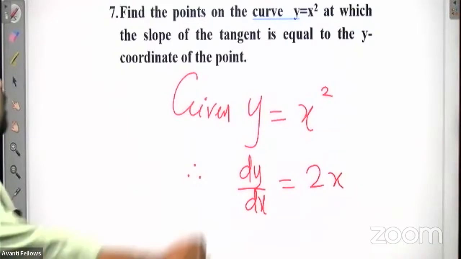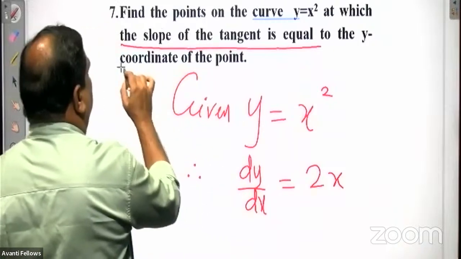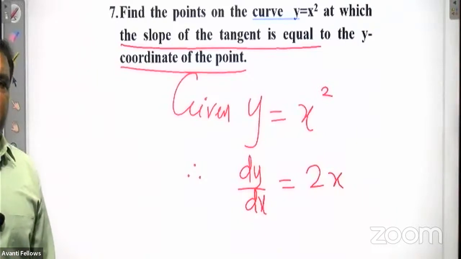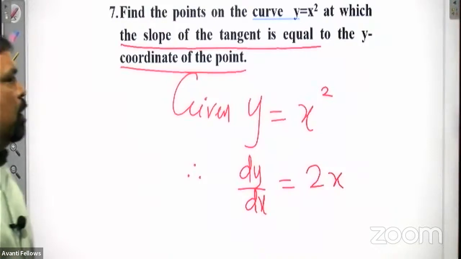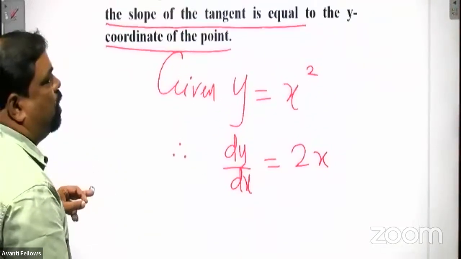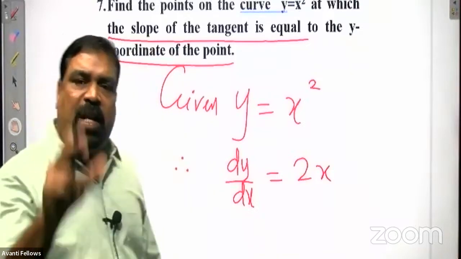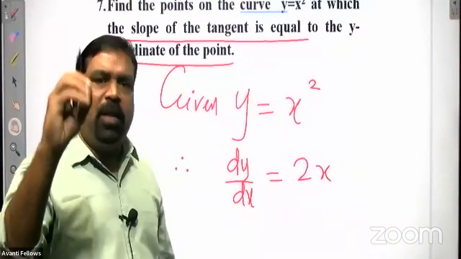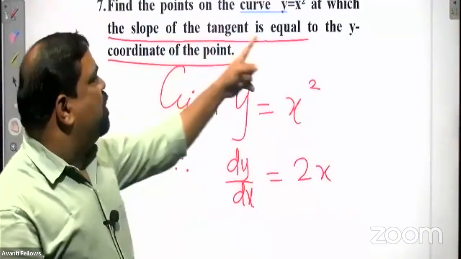Now, what is the given condition? The slope of the tangent is equal to the y coordinate at that point. So we know what is the slope of the tangent actually. Geometrically, yesterday I explained to you, dy by dx stands for the slope of the tangent. Remember, slope of the tangent is equal to the y coordinate.